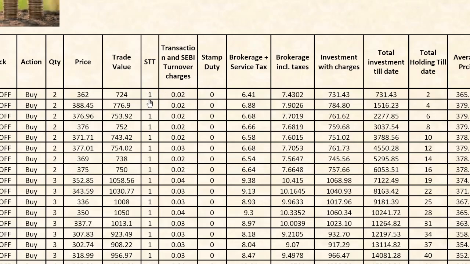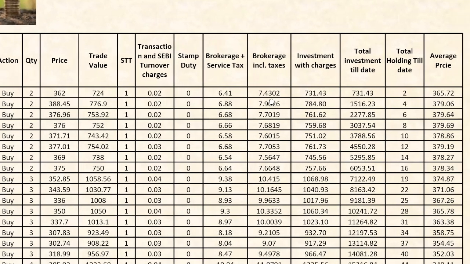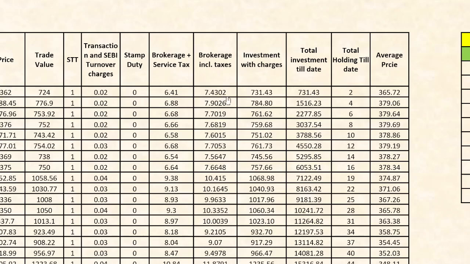Okay, there are certain charges like STT, transaction charges, stamp duty, brokerage, and taxes. And there is also a DP charge of 16 rupees. I have also shown you on a monthly basis how much I am accumulating here.